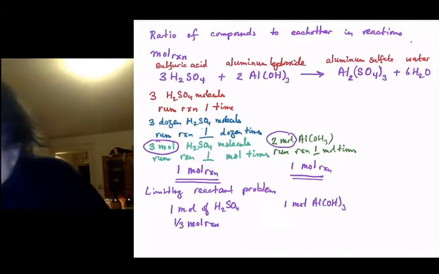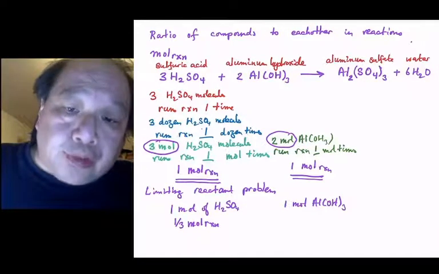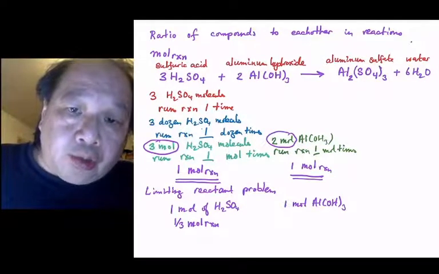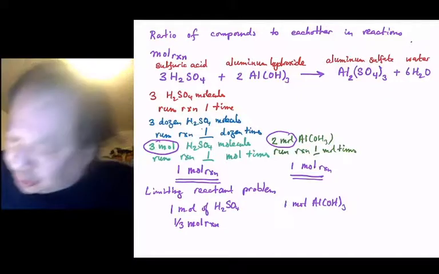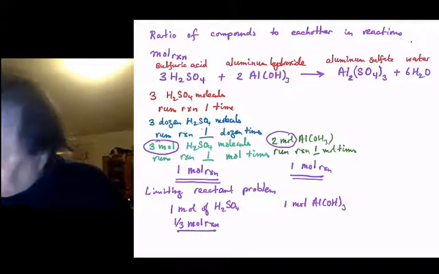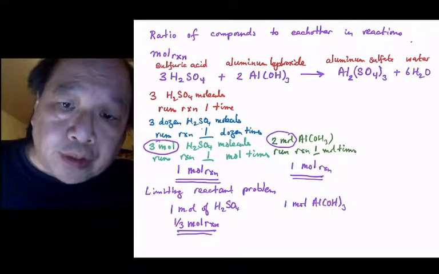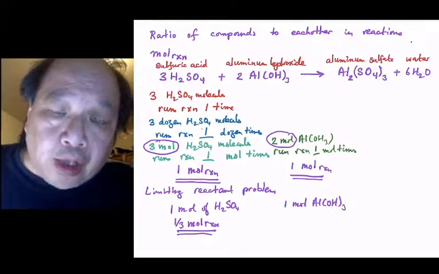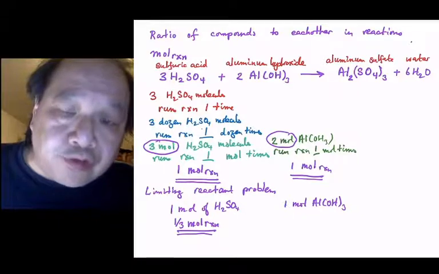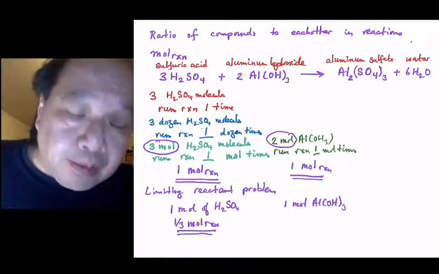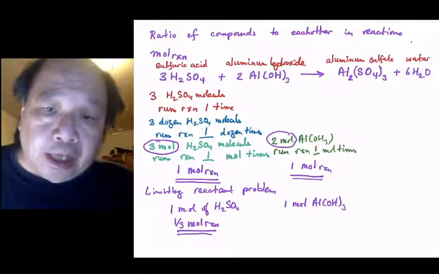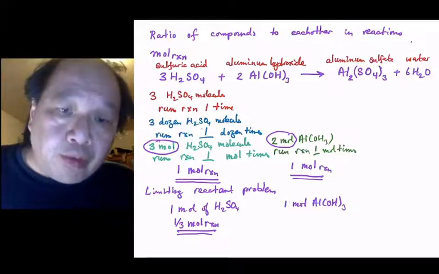And 1 mole of AlOH3 could run how many mole reactions? Remember, you take 2 moles for 1 mole reaction for AlOH3. So 1 mole of AlOH3 is what fraction of 2 moles? And therefore, how many mole reactions could I run with just 1 mole of AlOH3?